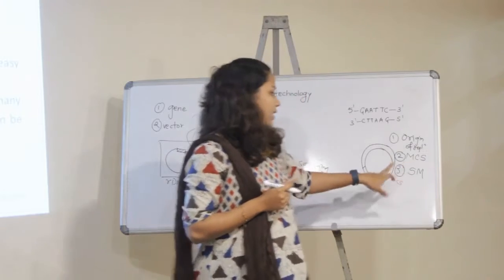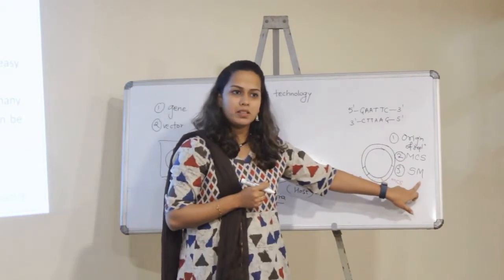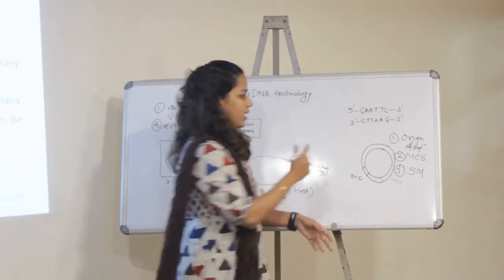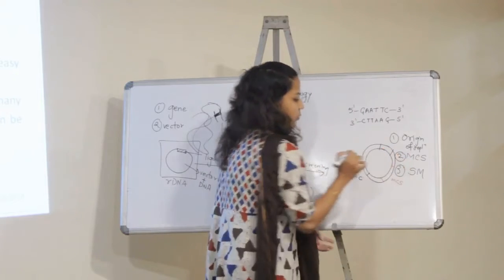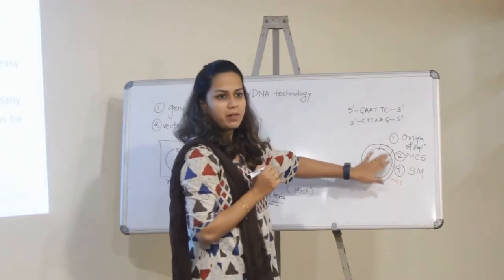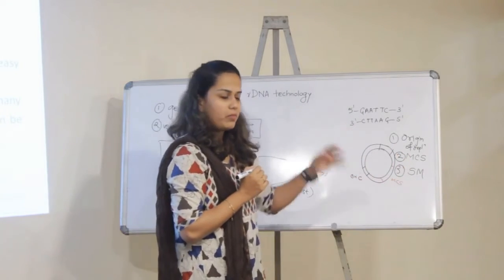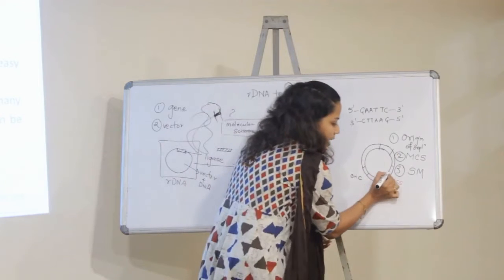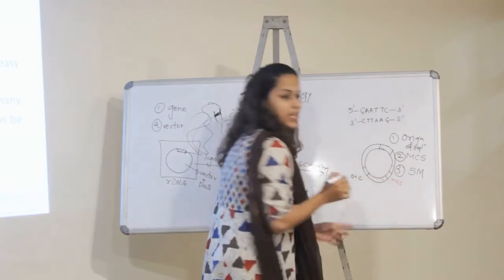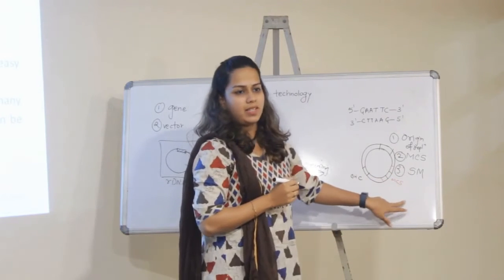Now what is the concept of this selectable marker? Usually you can have a selectable marker which is away from this multiple cloning site, but the one which is preferred is to have your selectable marker within the multiple cloning site.